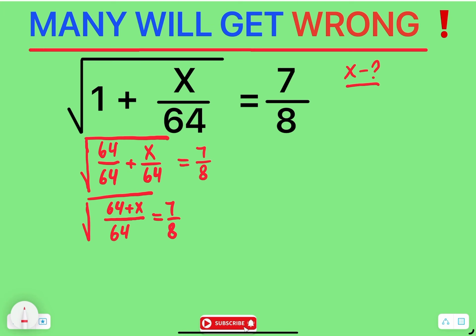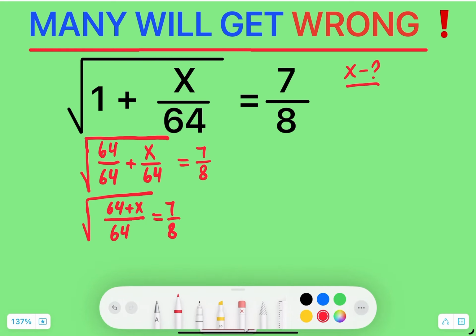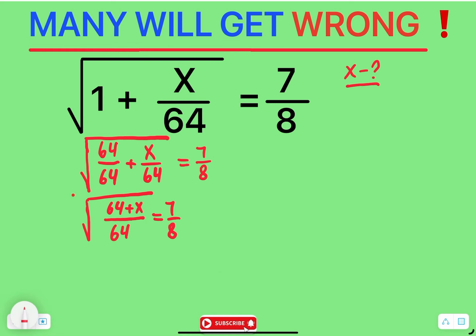Now, I want to escape this radical sign. The way I do it, sorry about this, I will make both sides of my equation squared. As you know, the square root of a, we can write down a to the power of 1 over 2, right?